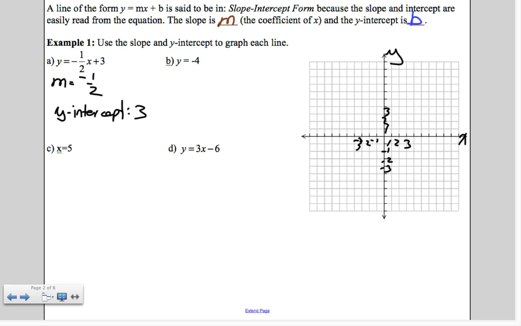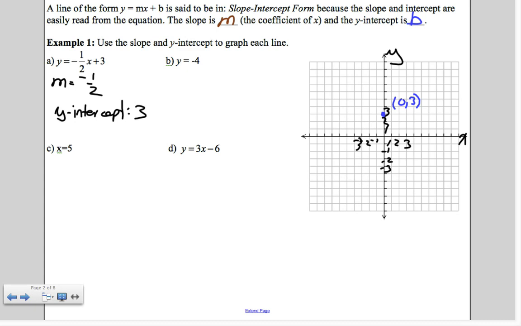Okay, so we'll label it 0 comma 3. Why are we putting a point there? That's the y-intercept. Yeah, so that's where the y-intercept is. That means our line will cross through that point, or that point will be on our line. That point will make our equation true.